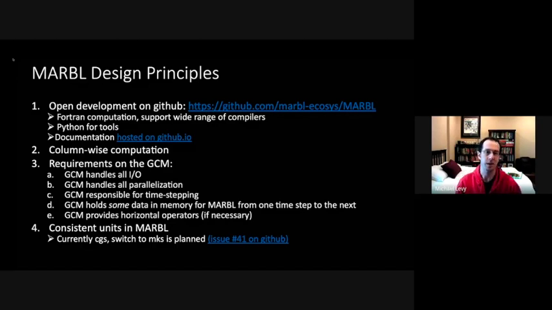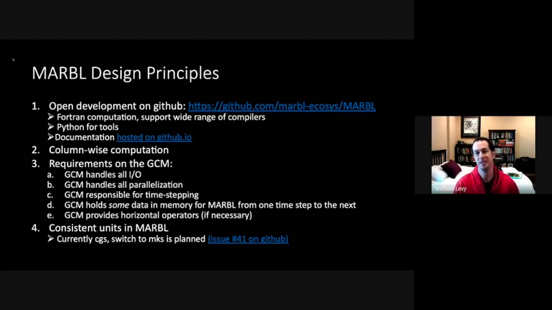Everything we do should be column-wise, and we have some requirements that we impose on the GCM. So the GCM will do all the IO for us, all the parallelization, the time stepping. There's some data that MARBL needs from one time step to another, and the GCM needs to save that for us. I won't go into detail about it, but we call it saved state, and I might mention it in a later slide.